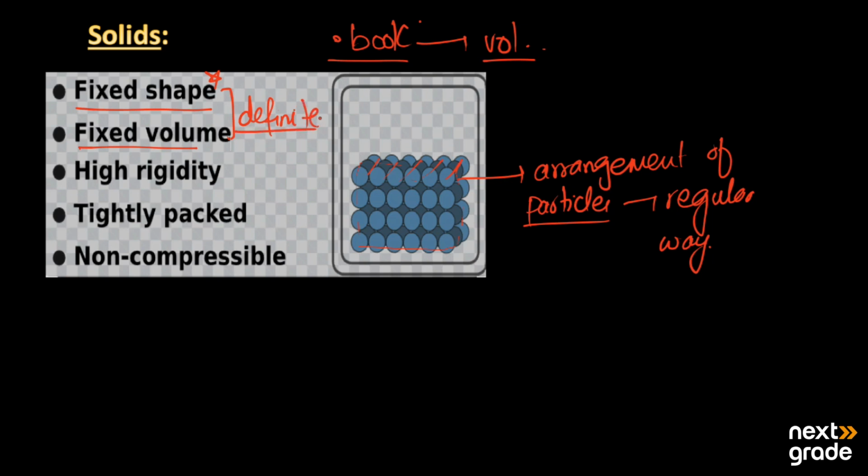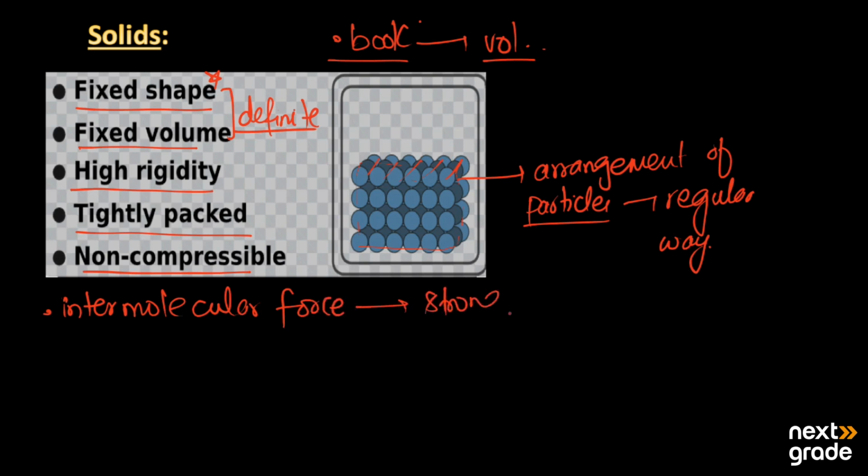Now, why do they have definite shape? Because they have high rigidity. High rigidity means they are incompressible, all the particles are tightly packed, and their intermolecular forces are too strong. When the forces are strong, it means they are incompressible.